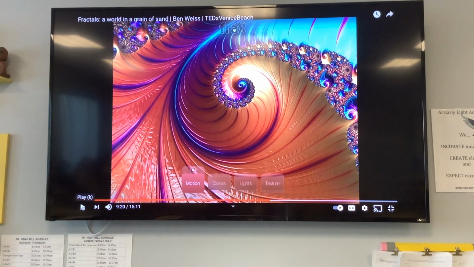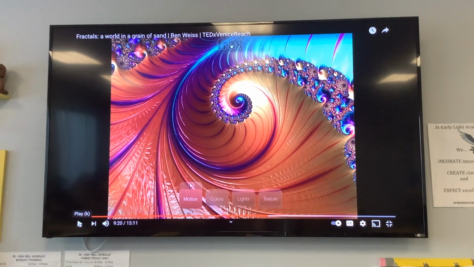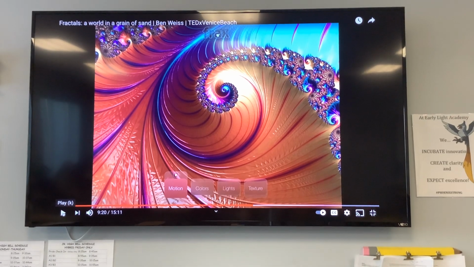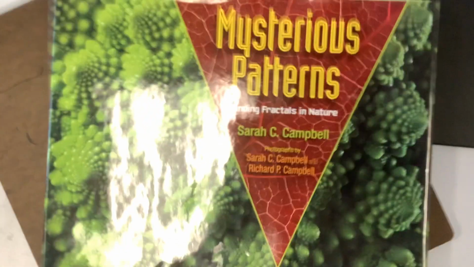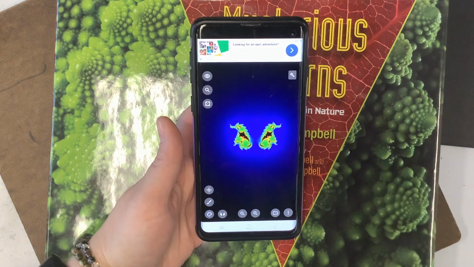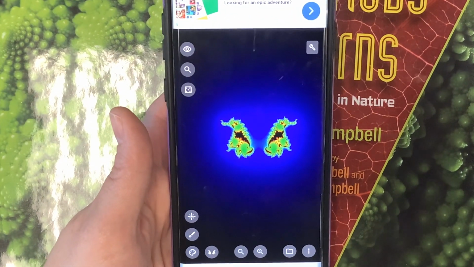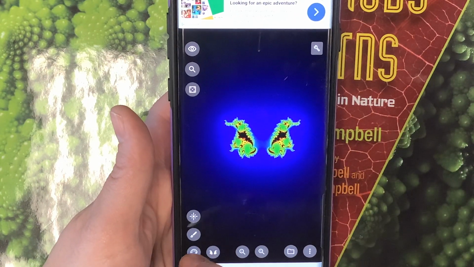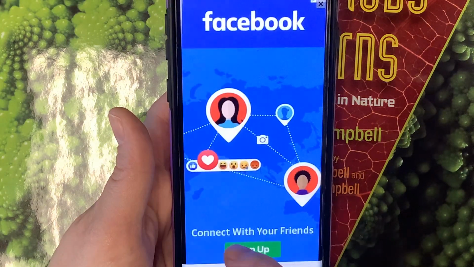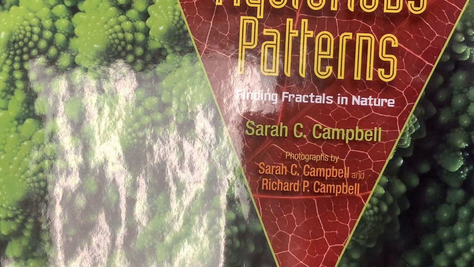So I'm going to stop it there. I don't know if I found the exact app that he made, but I did find a cool fractal app. And this particular one is called the Phoenix. And you can go in and change the color set that you want to. We'll do B. Oh, sorry, there's an ad.